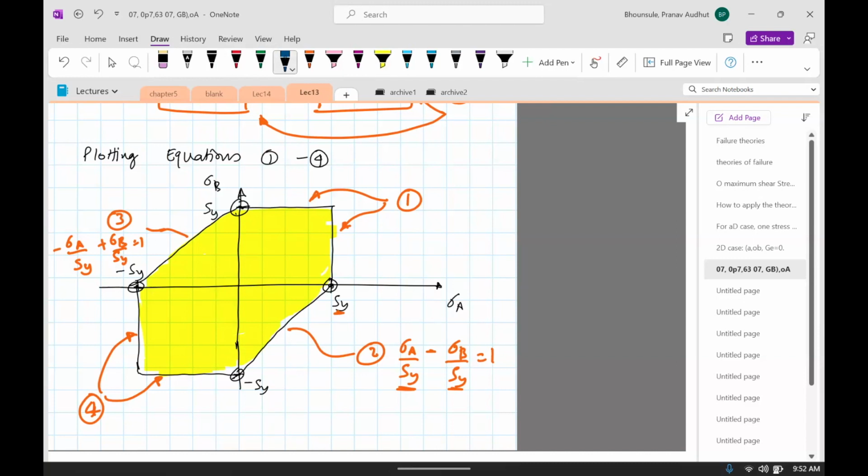It's the region where there is no yielding, which means that as long as your sigma a and sigma b, the principal stresses, are anywhere in this yellow region, your design is considered to be safe. If it's outside, it's going to fail. Now, if you want a factor of safety, then this will actually shrink. It will become something like this.